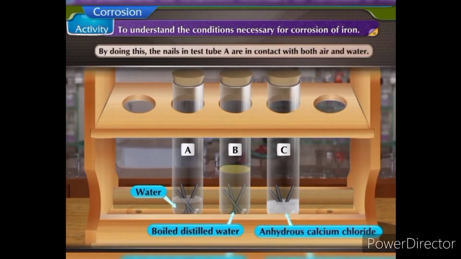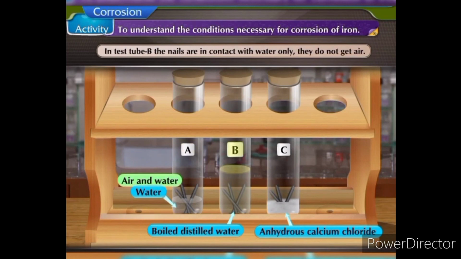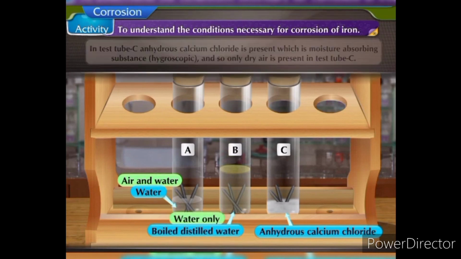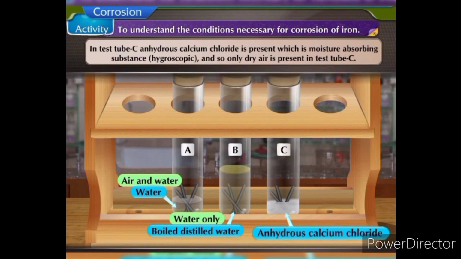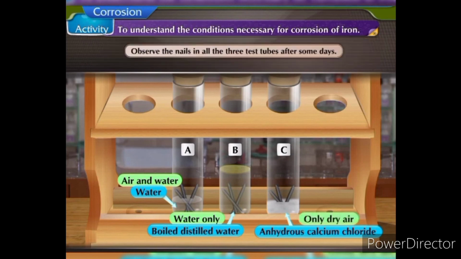By doing this, the nails in test tube A are in contact with both air and water. In test tube B, the nails are in contact with water only. They do not get air. In test tube C, anhydrous calcium chloride is present, which is a moisture-absorbing substance, and so only dry air is present in test tube C. Observe the nails in all the 3 test tubes after some days.